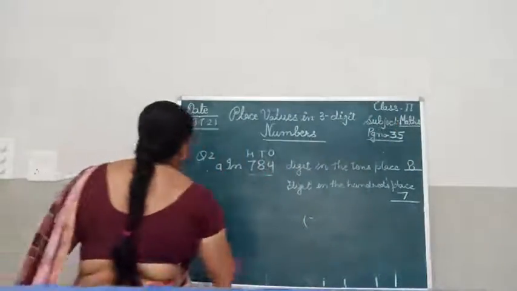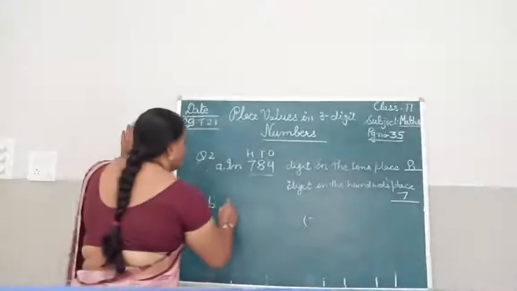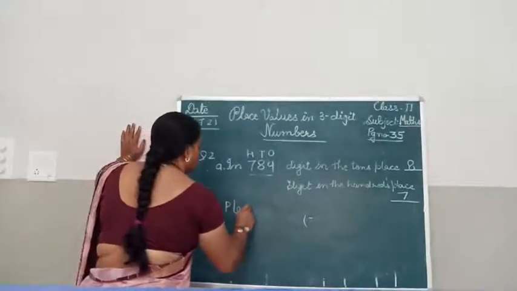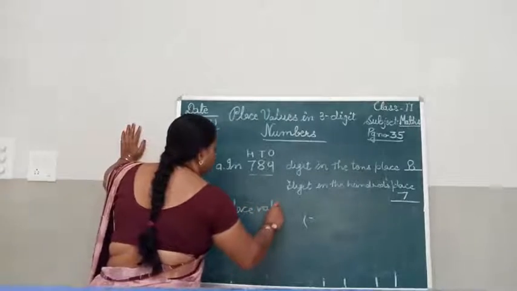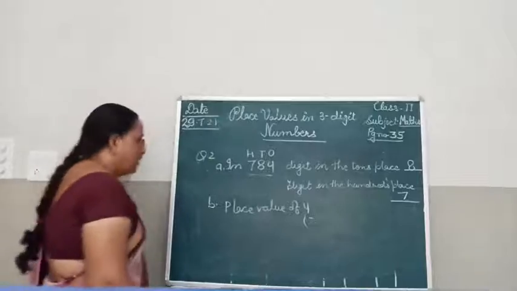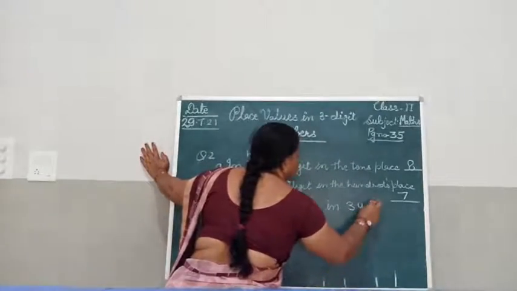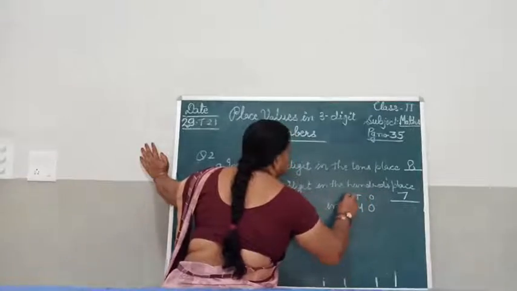Okay, now it is the A in the B exercise. Place value of 4 in 349. It is ones, it is tens, it is 100.